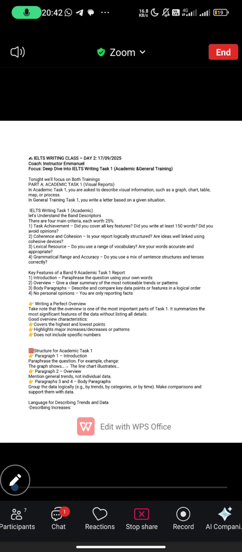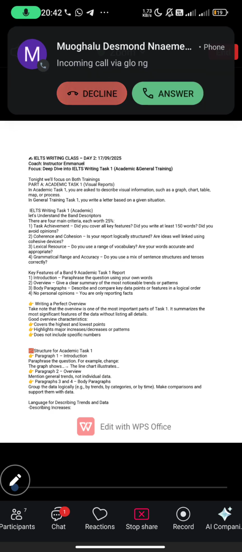So when I send a task tonight, please practice this and employ it. Check yourself on task achievement. Did I cover every part of the graph? Ask yourself that question, then look. Because I told you, give 5 minutes to proofread your work, and this is where you do the check-ins. I hope your opinions were not in this; you just wrote as you saw. Then, did you logically structure all these things?